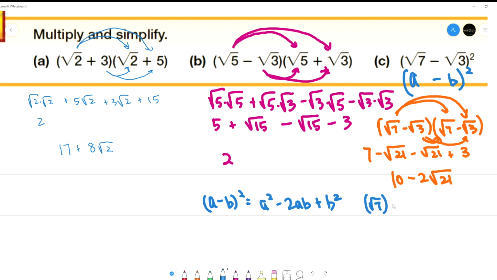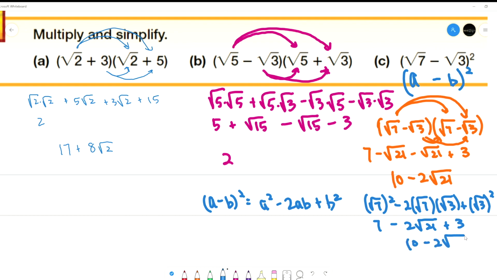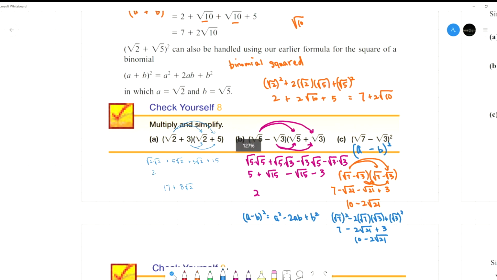So radical 7 squared minus 2 times radical 7 times radical 3 plus radical 3 squared. So this is 7 minus 2 radical 21 plus 3. So that gives me 10 minus 2 radical 21. Right? So either way you do it, you get the same answer. All right, well, let's move on.